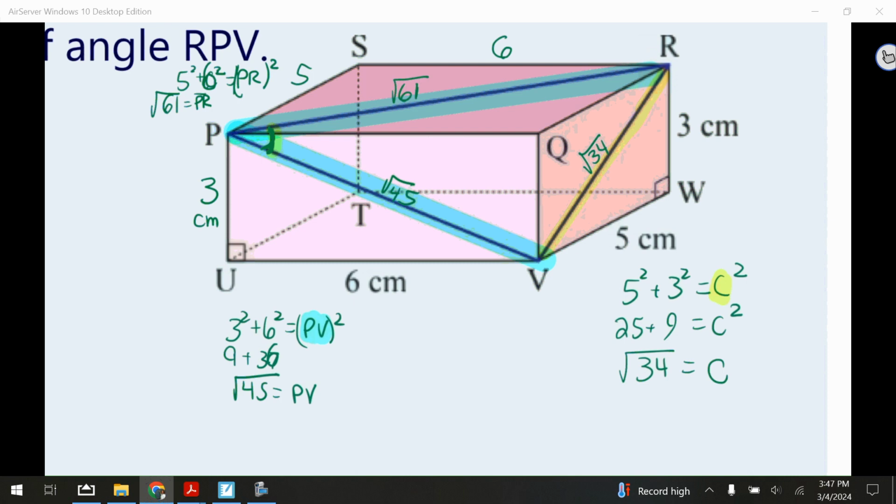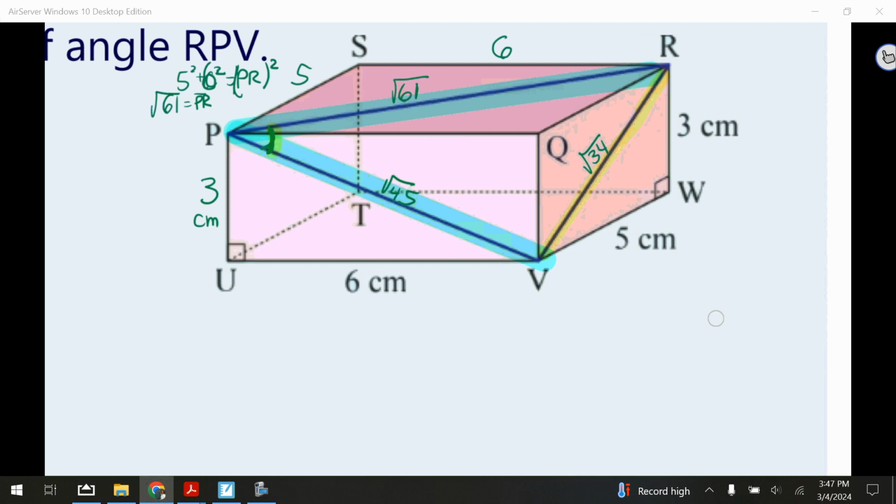So now I'm going to redraw this triangle so I can really get a look at what is happening. I'm going to go ahead and erase to give myself a little more room. And so basically, I just have a triangle. PR is square root of 61. PV is going to be square root of 45.